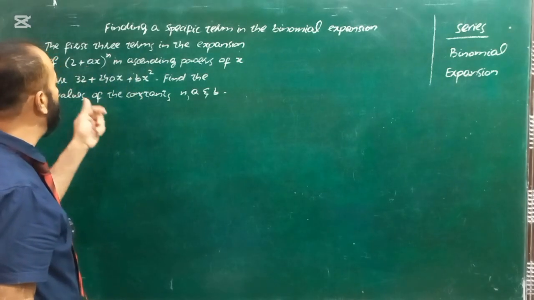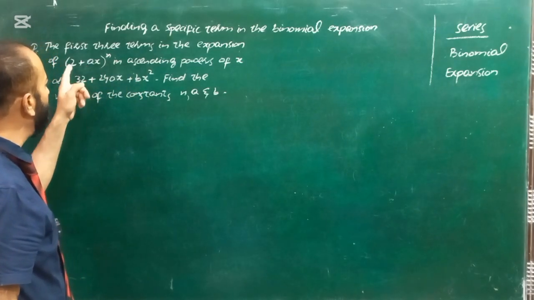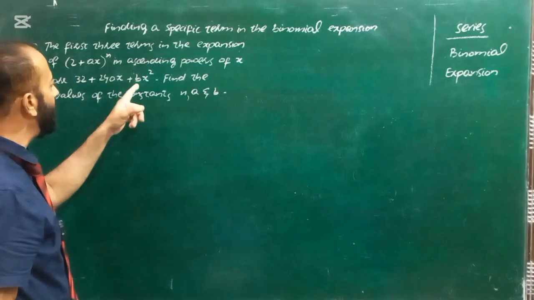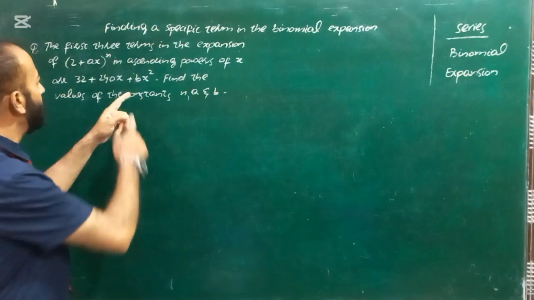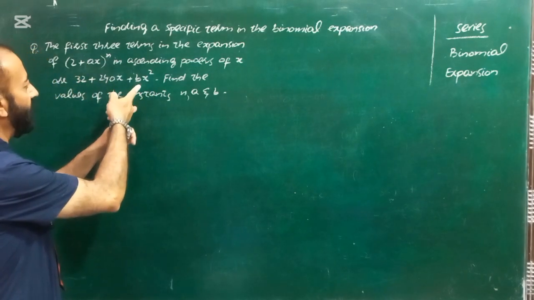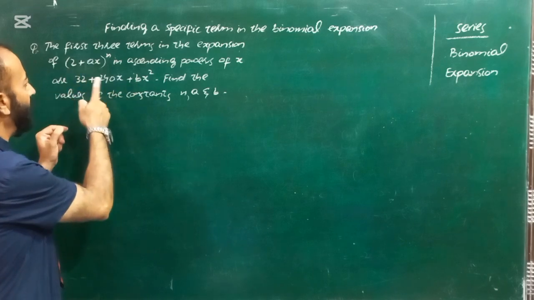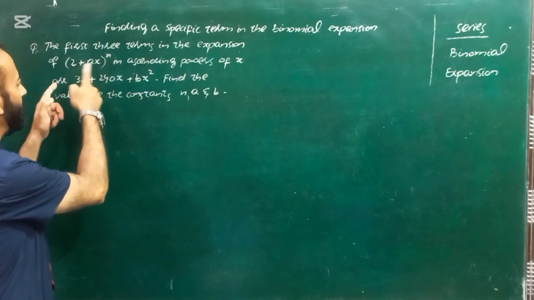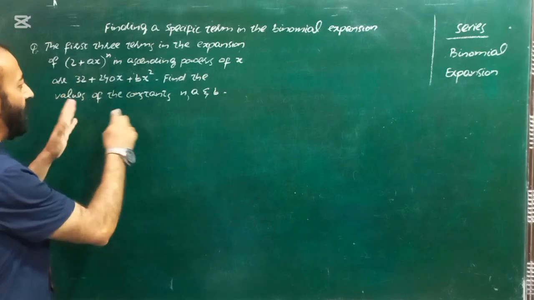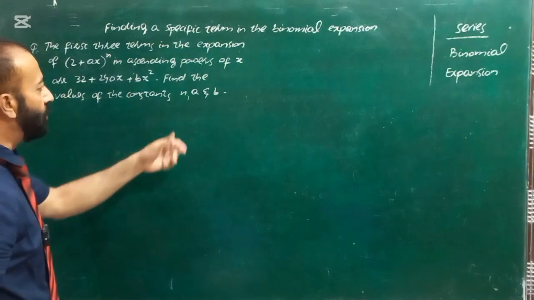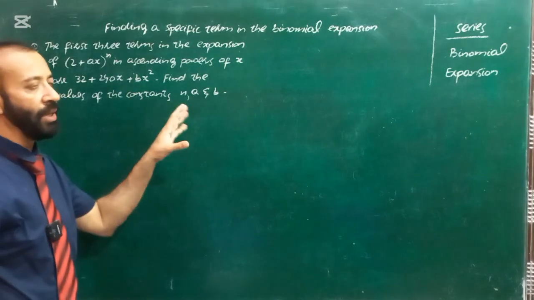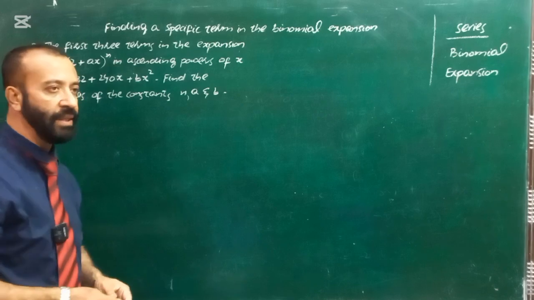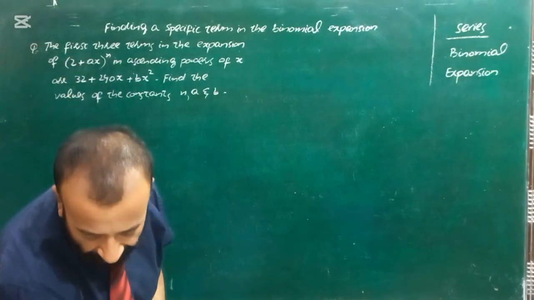So when 3 terms are open, you will compare the values from the expansion with these 3 values respectively. So x squared term will be compared with x squared term, x term with x term, and constant term with constant term. And from there you will find the values. So you will do this question by yourself. This is much easier.